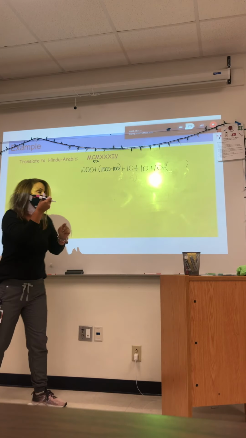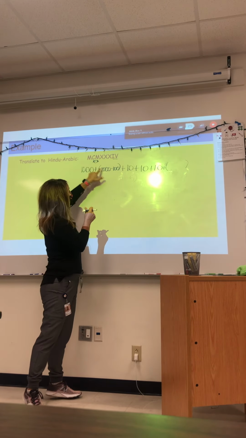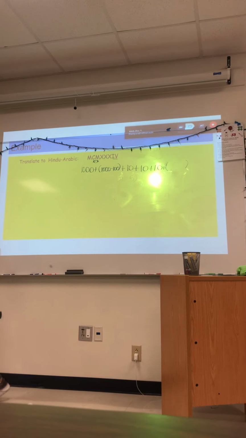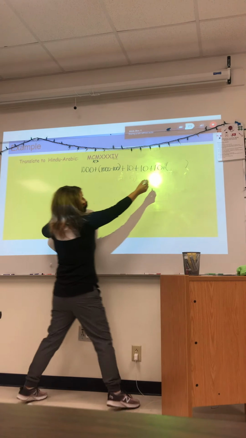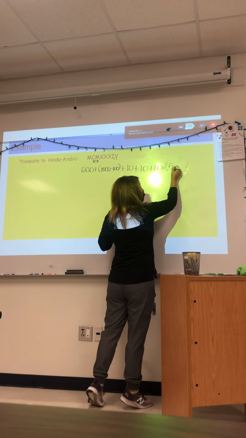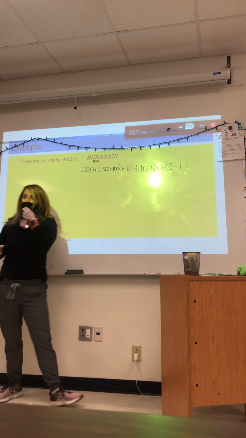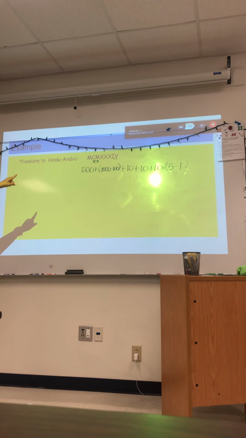You have to switch them and subtract them, but only at that one little spot. And for the last one, it's 5 minus 1, because that one is a 1 and then a 5. So it needs to be 5 first and then the 1.